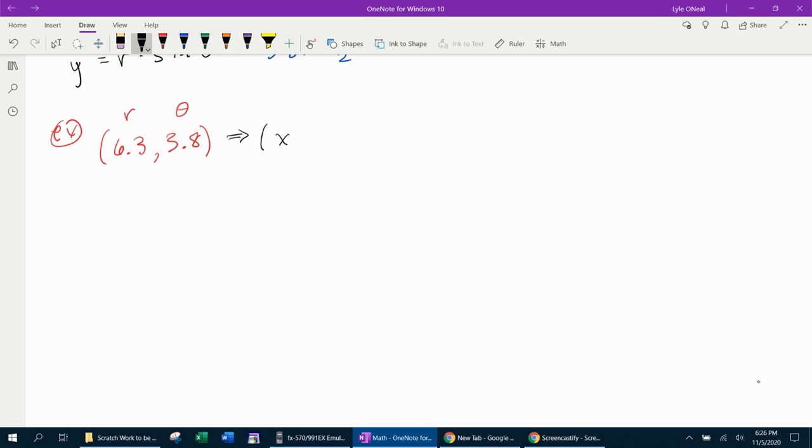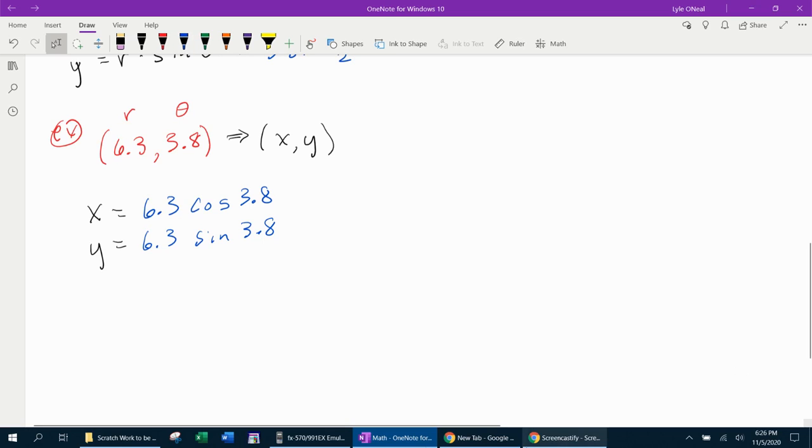So we're trying to find x and y, which means we're going to use our formulas. We know x is r cosine theta, and y is r sine theta.